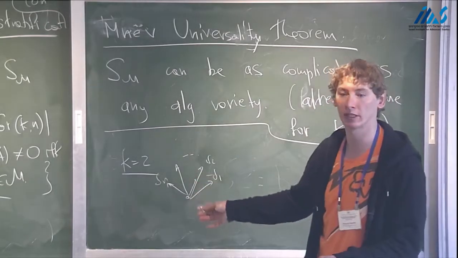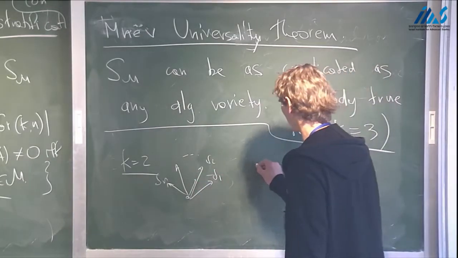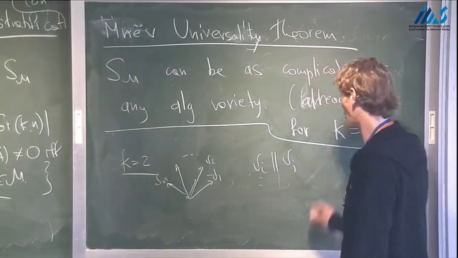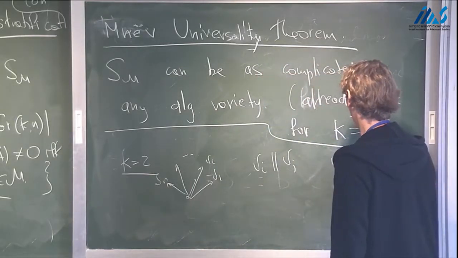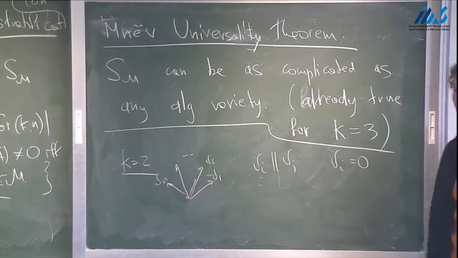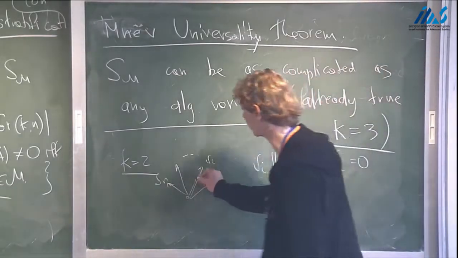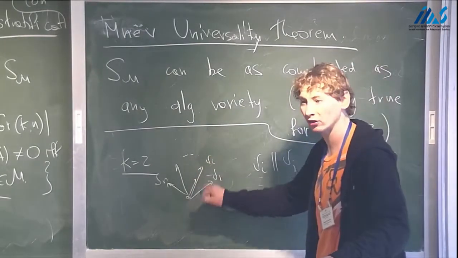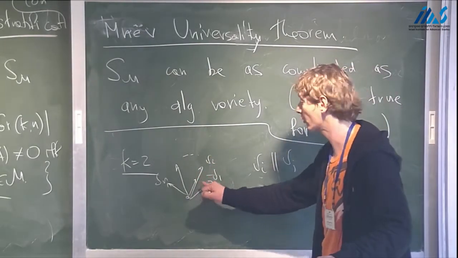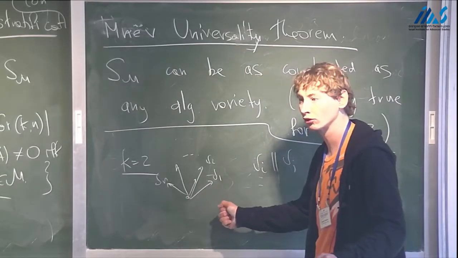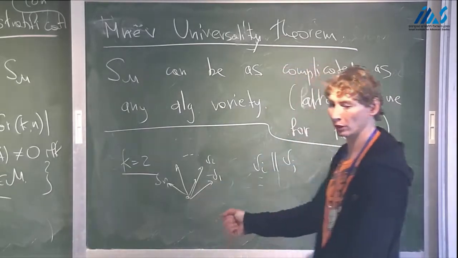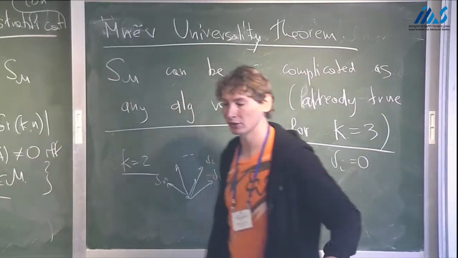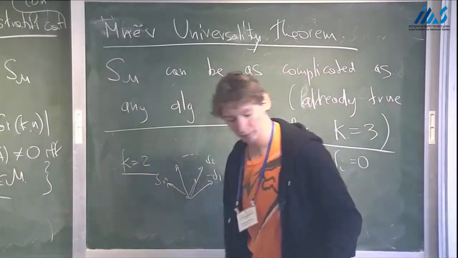On the plane, that's relatively easy. The only possible thing is that two vectors can be parallel to each other, or a vector can be equal to 0. That's basically the only possibility. So the structure of possible dependencies is very simple. All vectors break into classes of parallel vectors, and there might be a bunch of vectors which are equal to 0. That's the combinatorial structure of a Matroid stratum in this case, and it's not so hard.